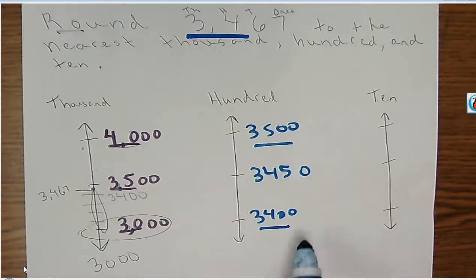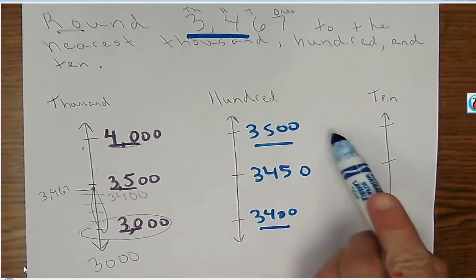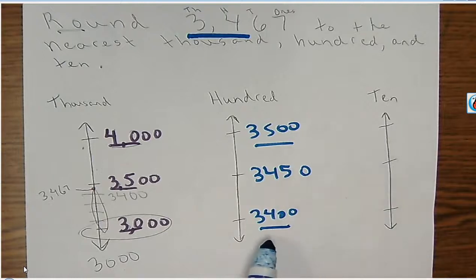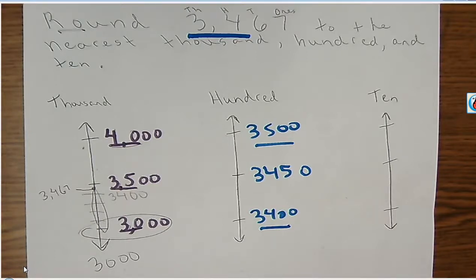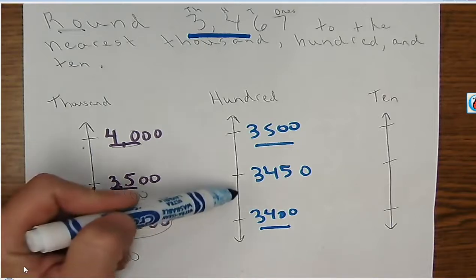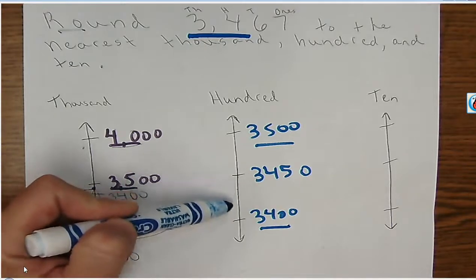All right, so I've got my lower 100, my bigger 100, because my number is somewhere in between 3,400 and 3,500. I found the middle point. Now we need to figure out where 3,467 goes. Does it go here or here?